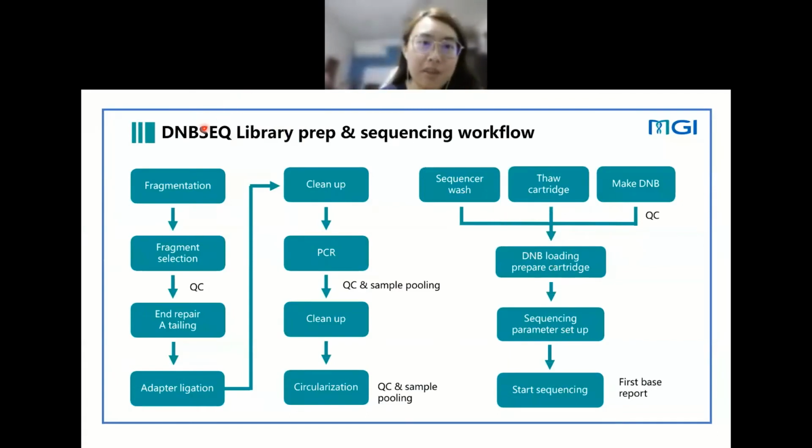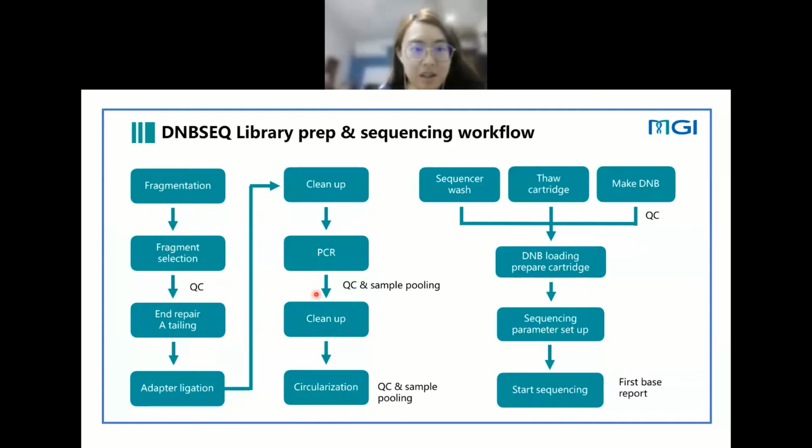Okay, so I just want to mention a little bit of our DNBC workflow. You can see the first step is fragmentation, because MGI's platform is still using short read sequencing, similar to Illumina. So we need to fragment our DNA or RNA sample into smaller fragments, then perform size selection to select the desired size that we are interested in, followed by end repair, A-tailing, adapter ligation, and PCR.